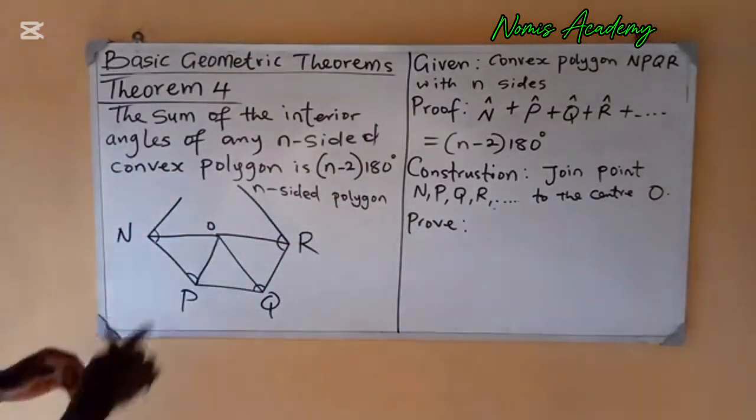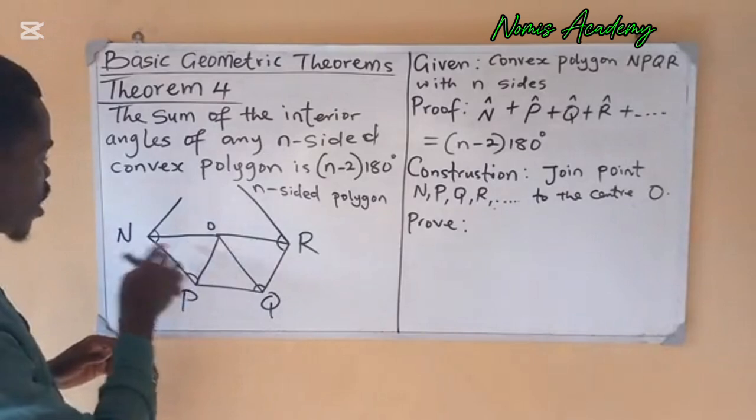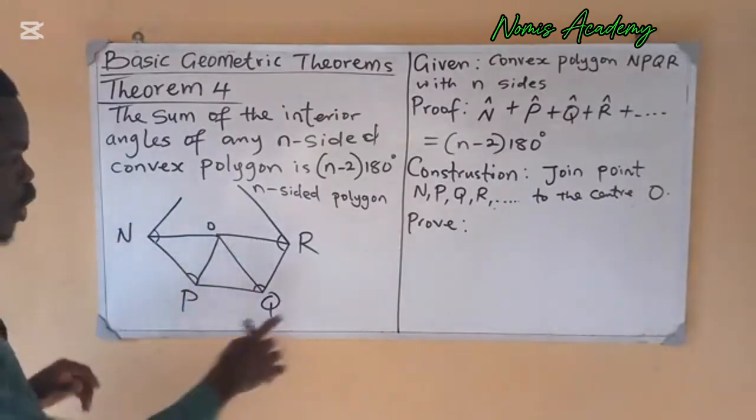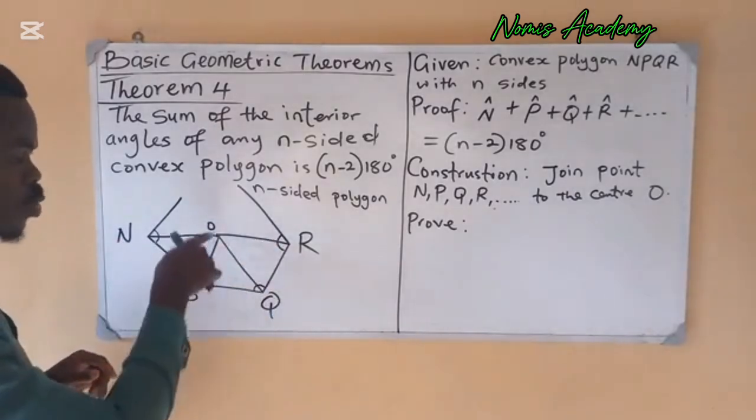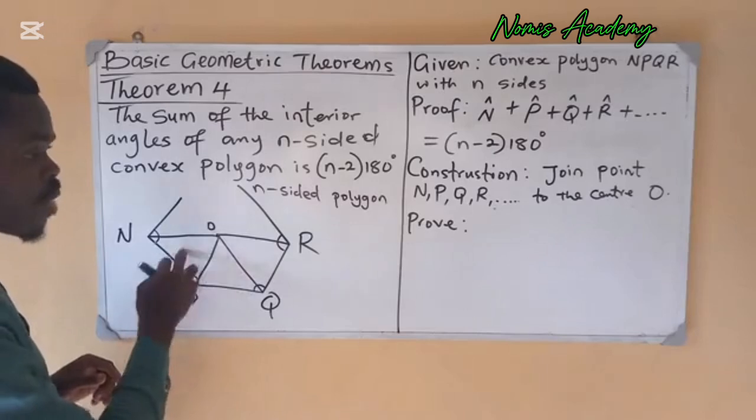So you can see that we have triangles formed. As soon as we join N, P, Q, R together to O, triangles are formed.